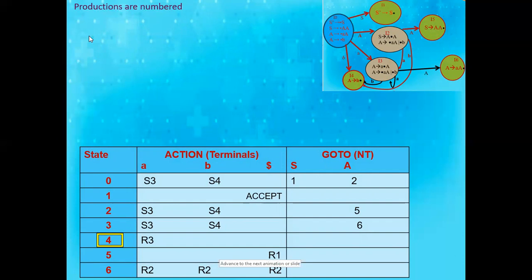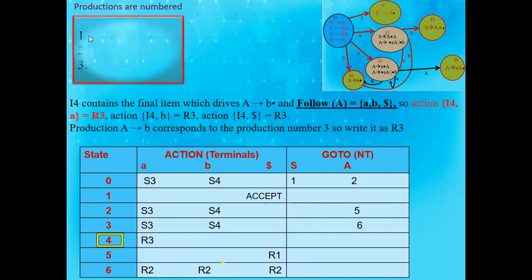So now I need to find something else more. First I have to number my productions. I have numbered it as S gives A, that is the first production, this is the second production, and this is the third production. Now again I need to find the first and follow of capital A and S.